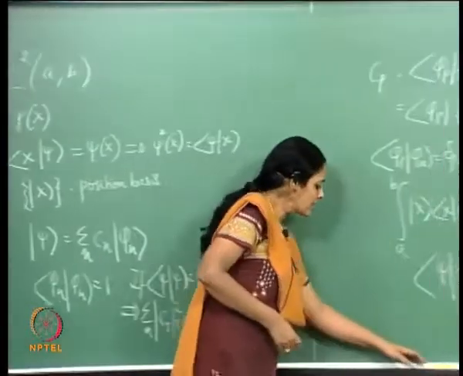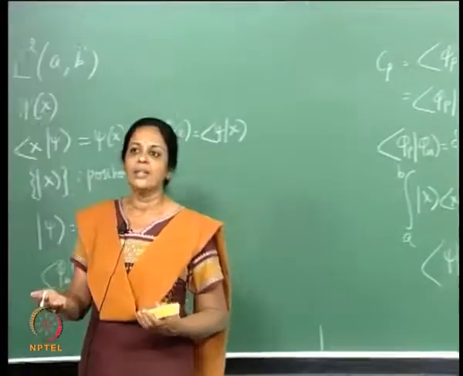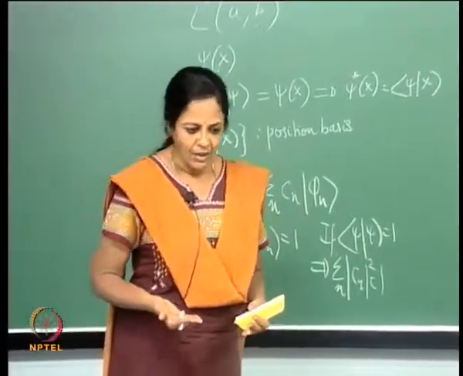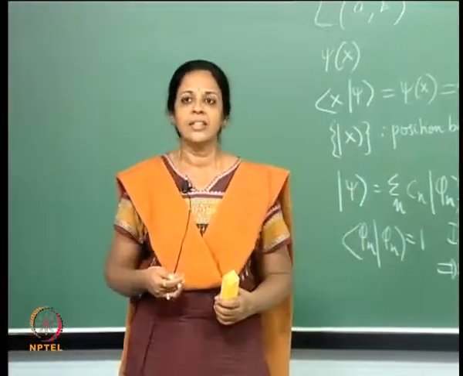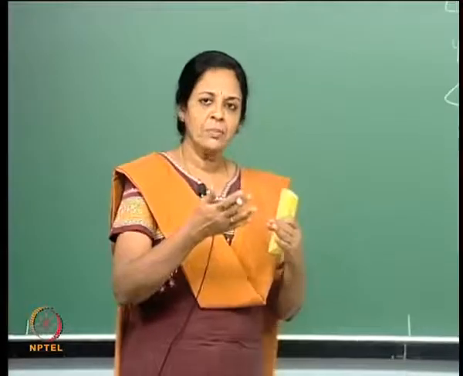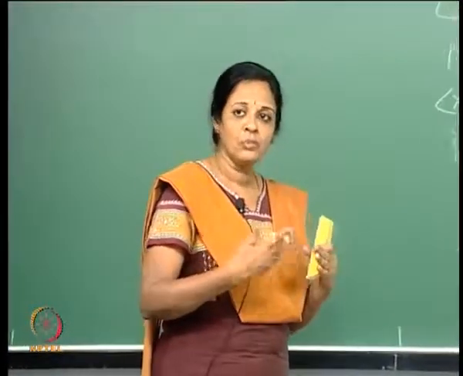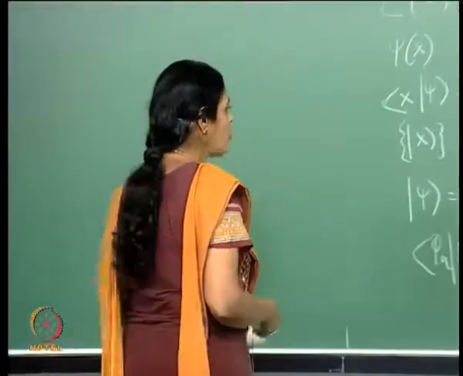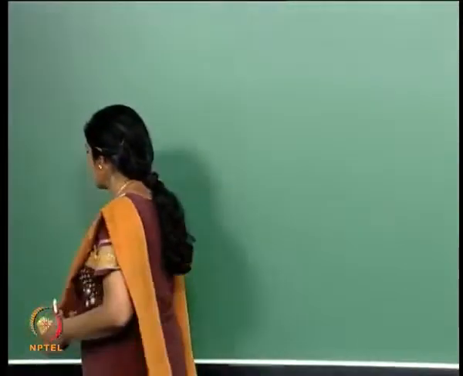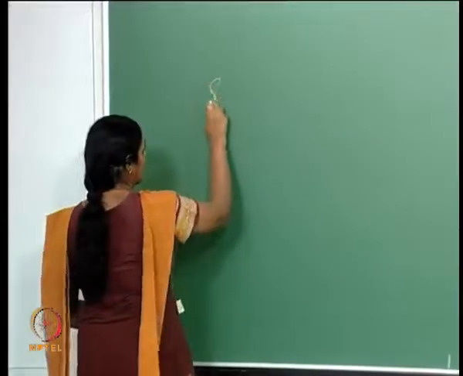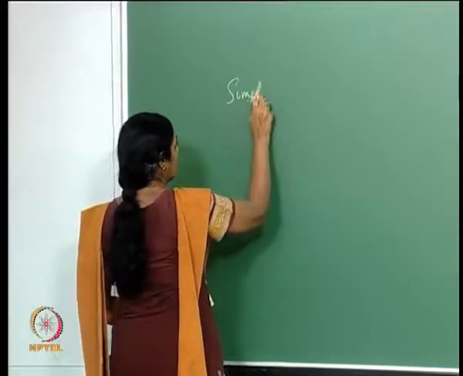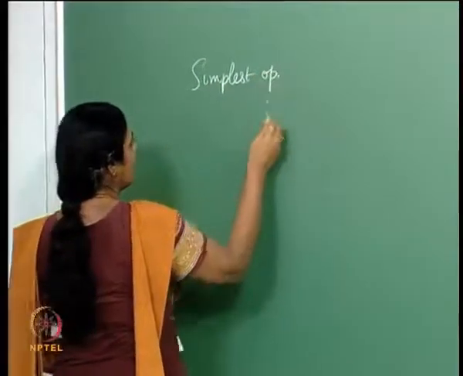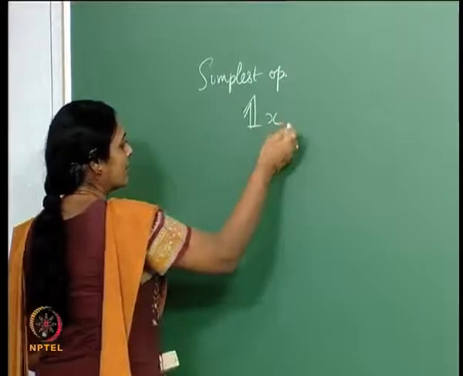Now operators themselves have to be written in this basis, even as we did earlier for the 2-level atom, where we had basis states and the operators were formed out of those basis states. Here too operators have to be written in this basis, and therefore the simplest operator that one can think of is the identity operator times x.